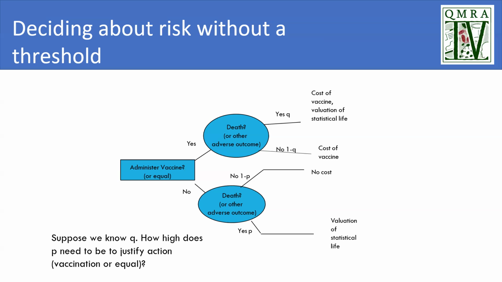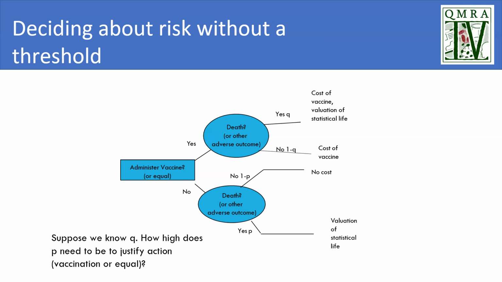So now we can suppose that we know what Q is, and we might want to ask, how high does P have to be to justify providing the vaccine? So in this case, we've done a risk assessment and we might have probabilities, so we have Q, but there's no bright line.